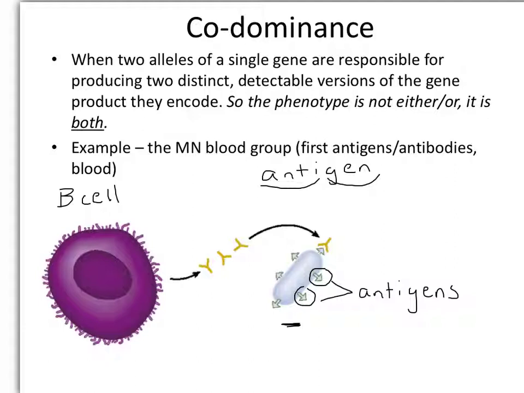And the B cell is producing antibodies. These Y-like structures are protein structures. And you'll note that the antibody very specifically binds to the antigen.